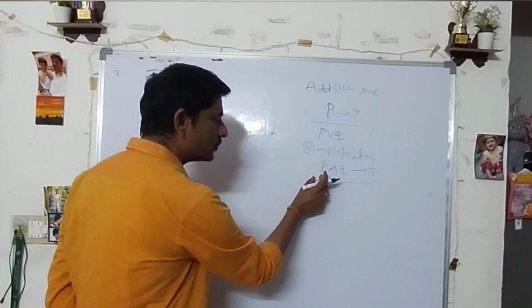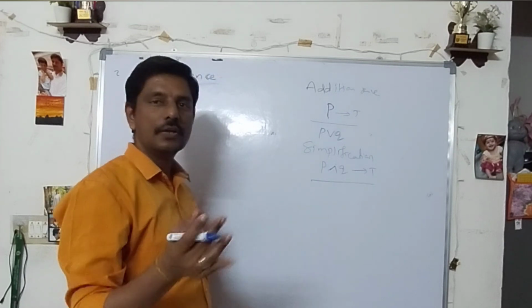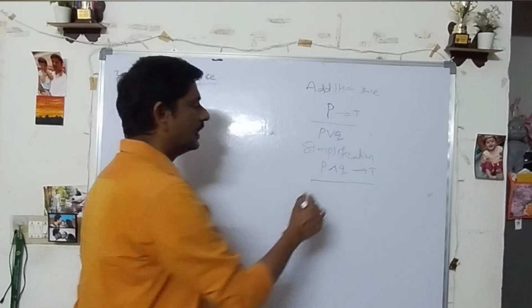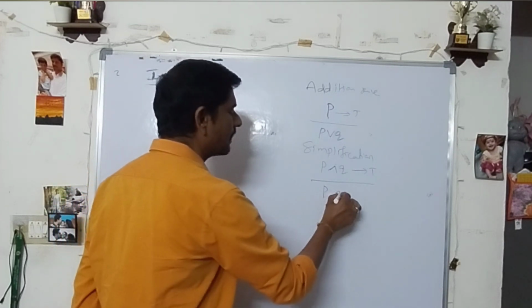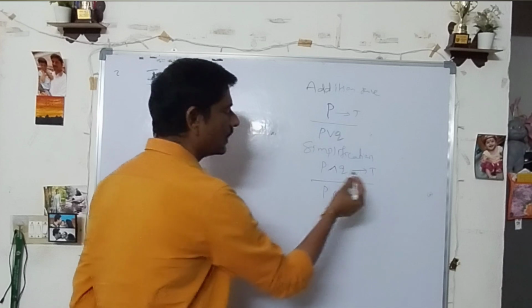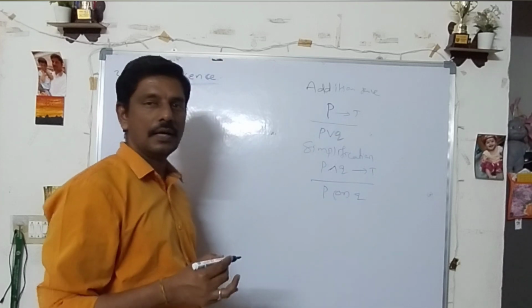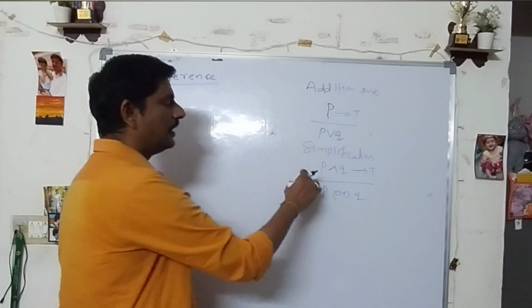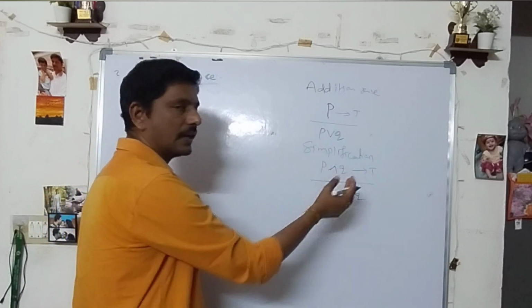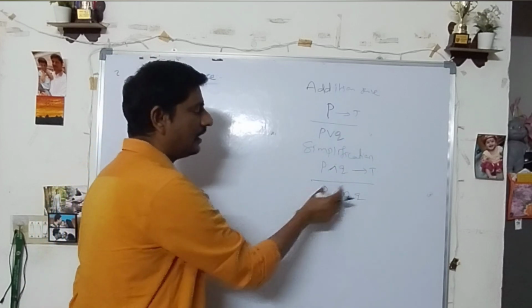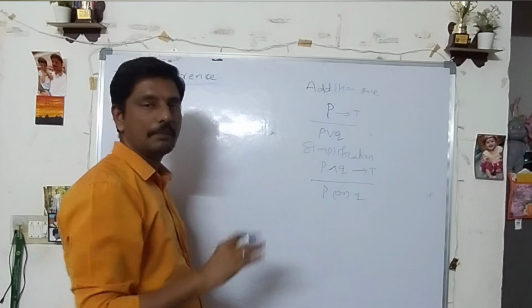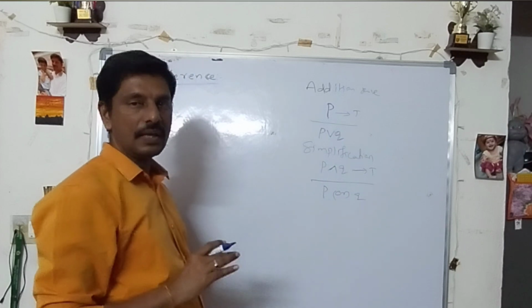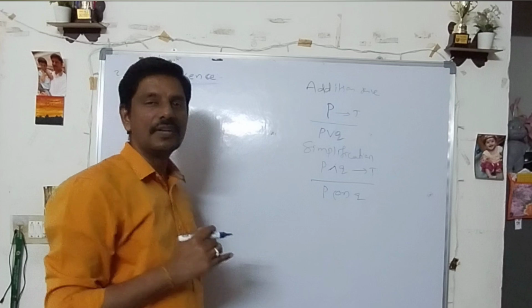That means P is true and Q is true, so you can write it as P as well as Q. So if P and Q is true, then we can conclude P, or Q. P and Q implies P, and P and Q implies Q. This is called the simplification rule.